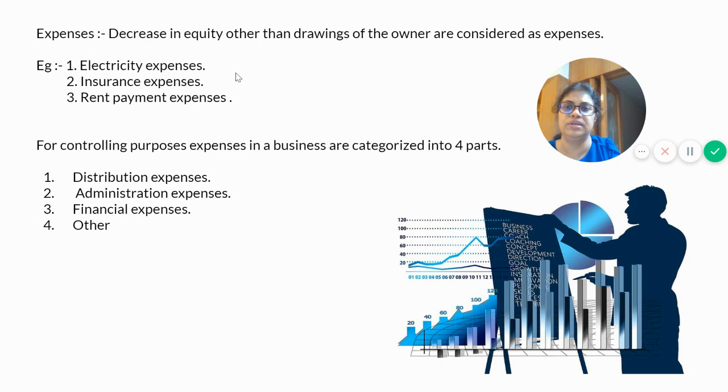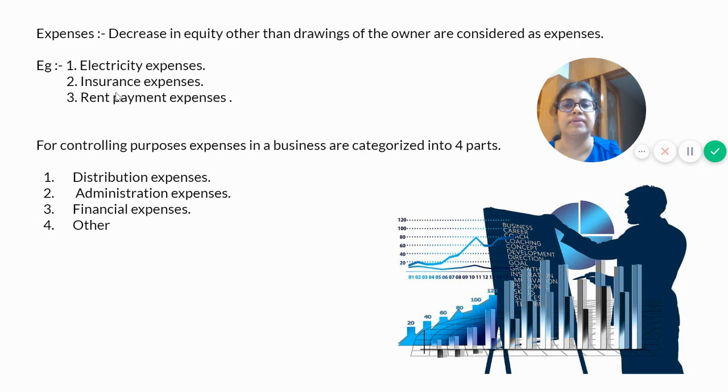So as I mentioned earlier, if you are running an office premises or even a motor car sale at night, you need electricity. To charge the vehicles, you need electricity. So for different purposes, there should be electricity, and at the end of the month, you have to pay electricity bills.